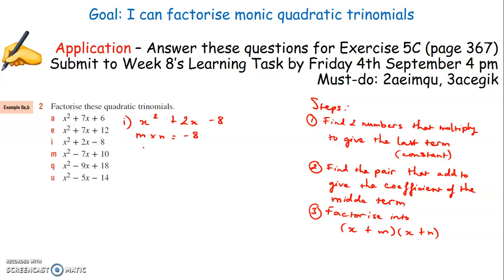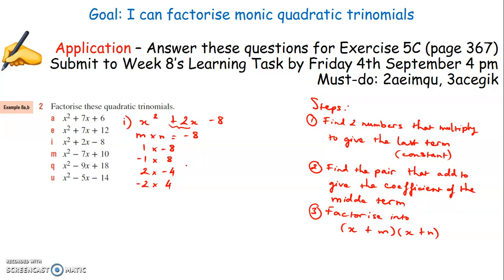We can have 1 times negative 8, or negative 1 times 8, and also 2 times negative 4 and negative 2 times 4. Out of these 4 pairs, which one adds up to give us positive 2? If you're not confident with your negative additions, you can use a calculator to add them up.